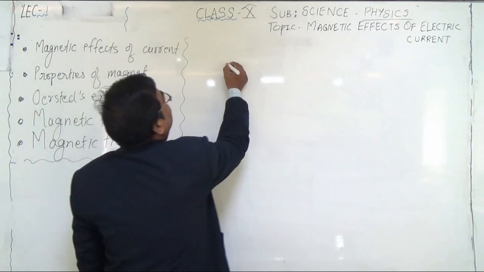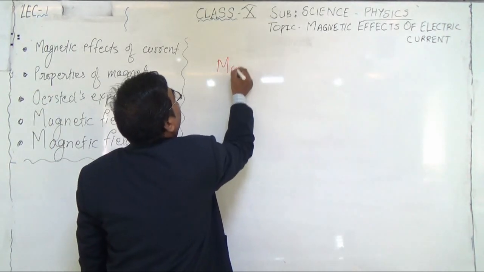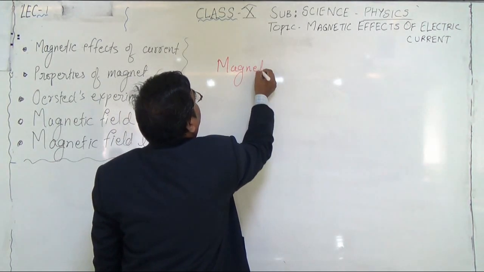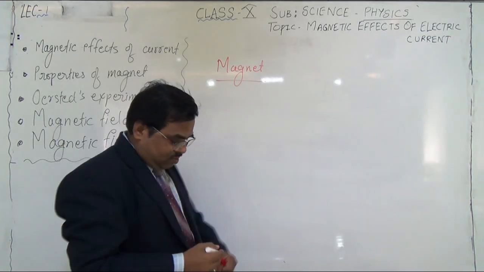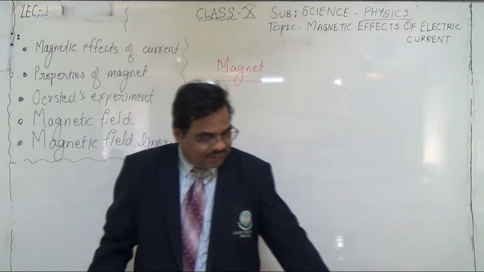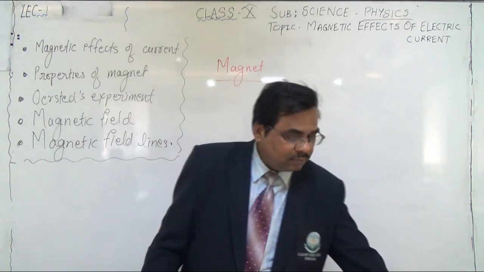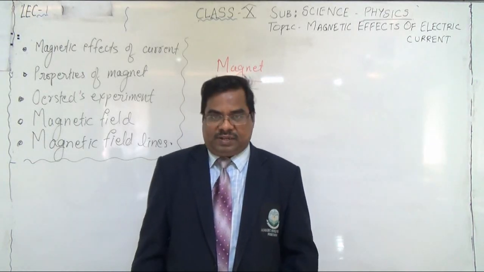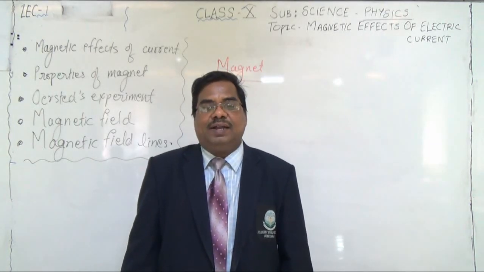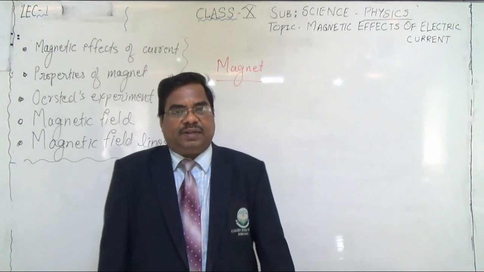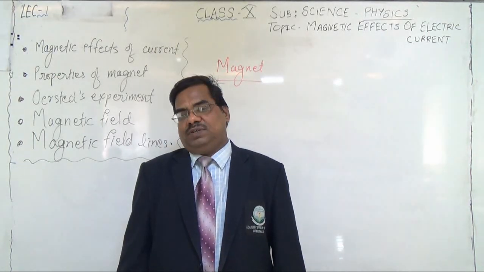A magnet is an object that attracts iron particles. A magnet will attract the iron particles. How was the magnet discovered?